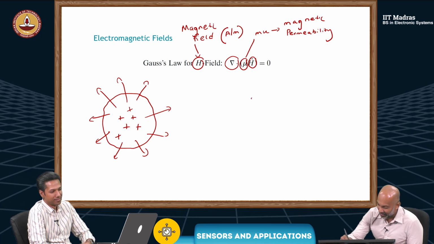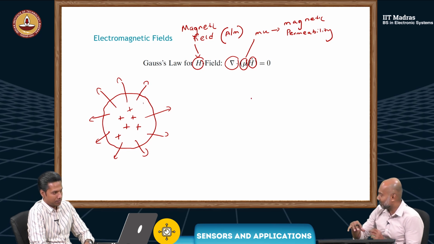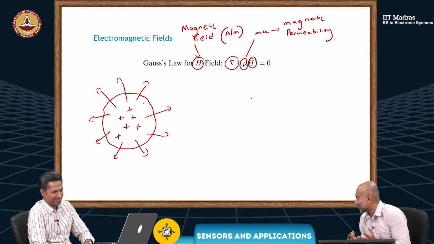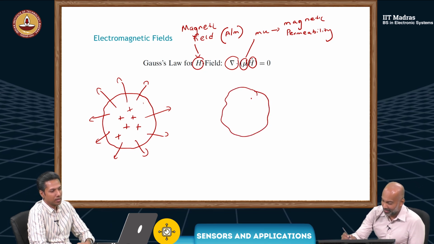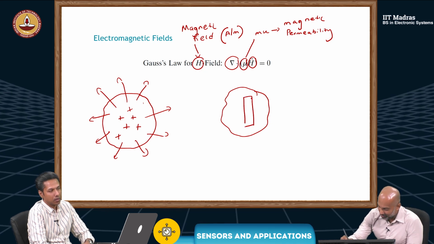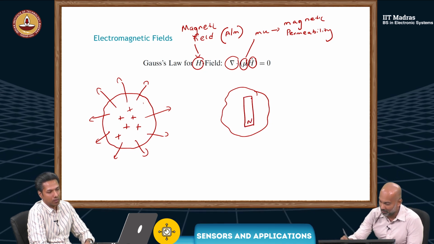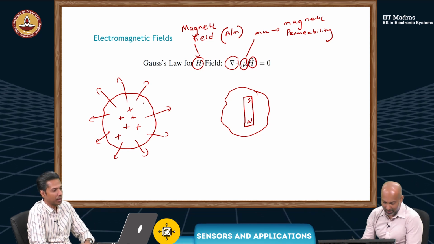So now imagine this kind of 3D structure, an object. Instead of charges, let's say this has some magnetic field inside.